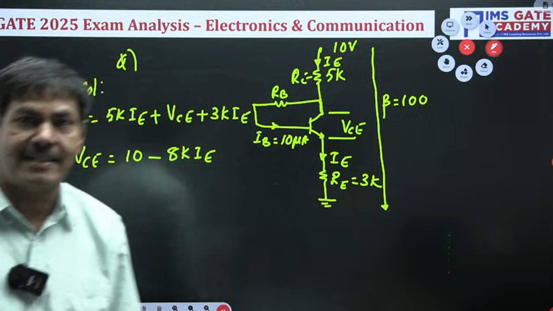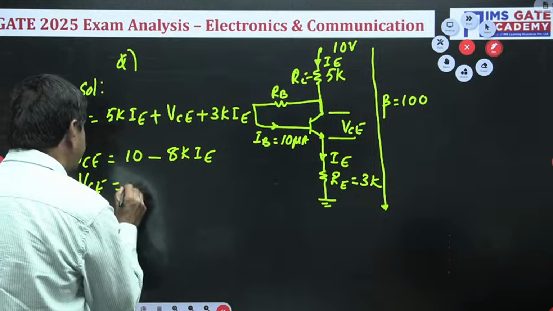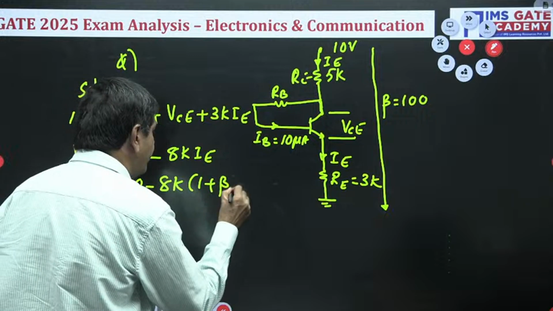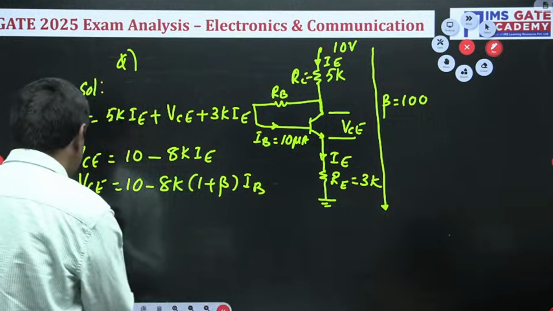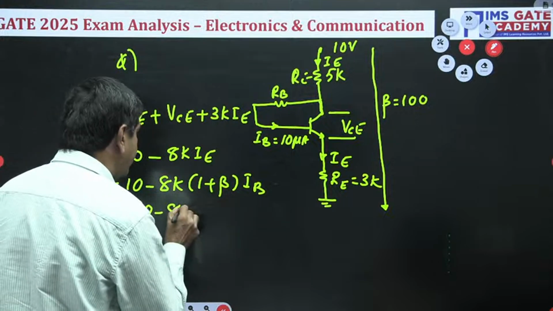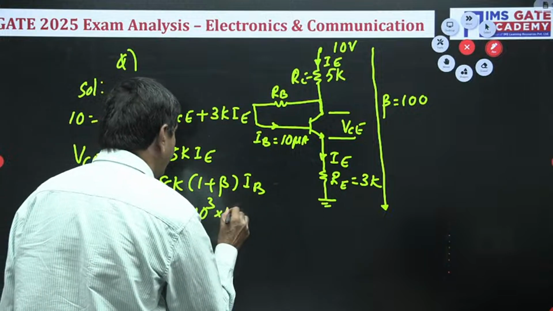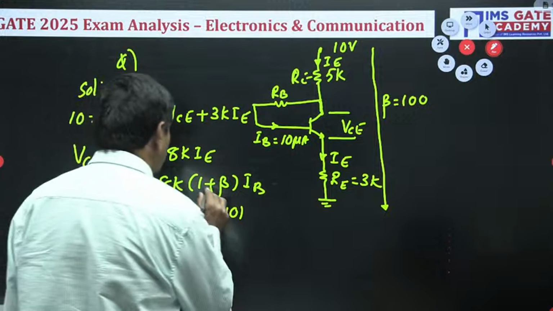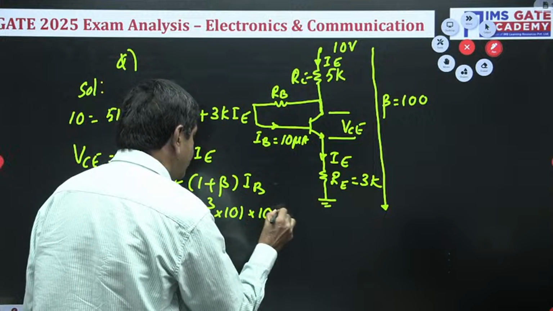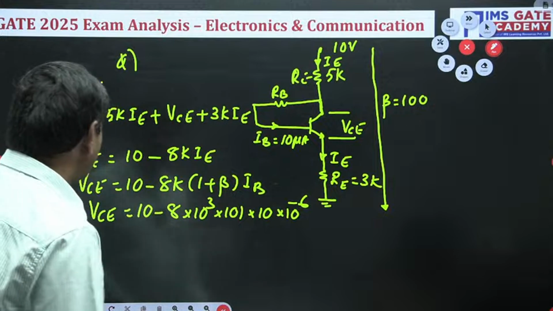So VCE is 10 minus 8K into (1 plus beta) into IB. 8K is 8 times 10 to the power 3, 1 plus beta is 101, and IB is 10 microamperes, 10 into 10 to the power minus 6. Use a calculator.